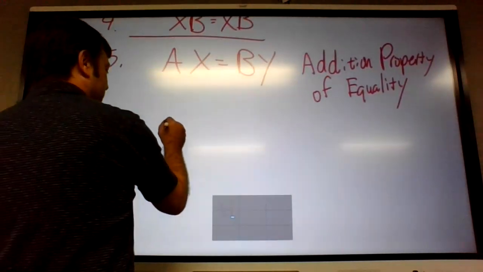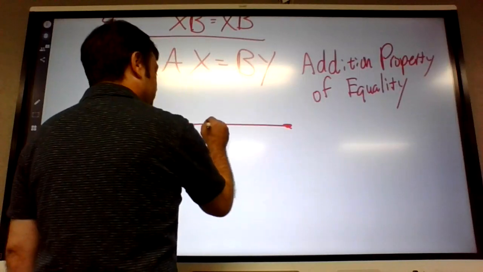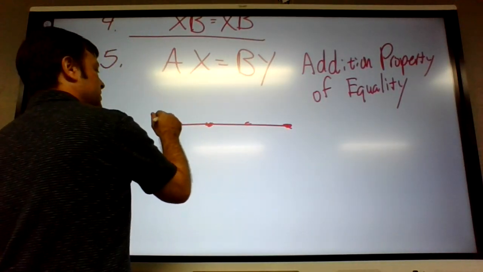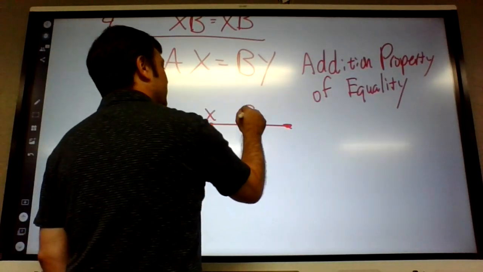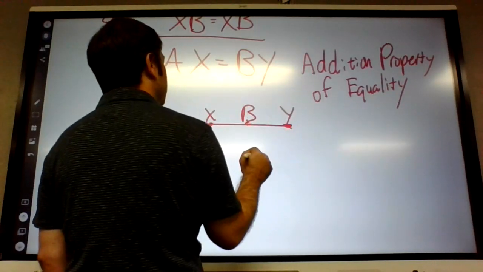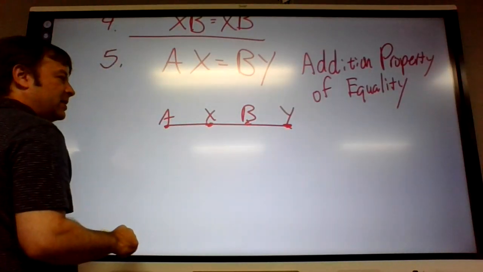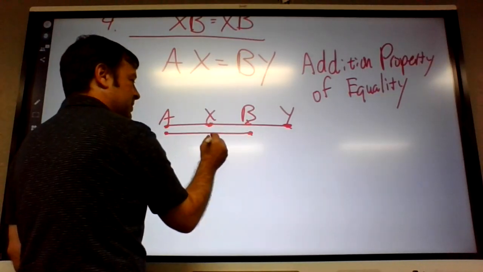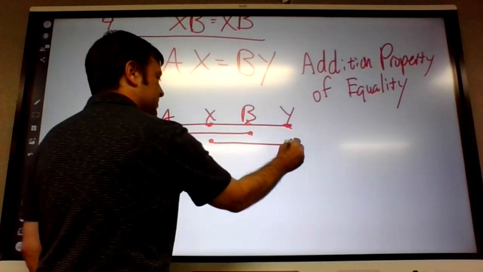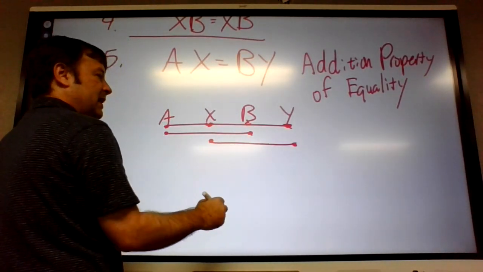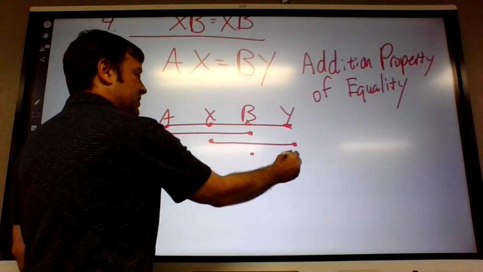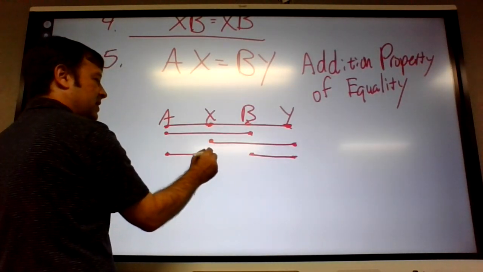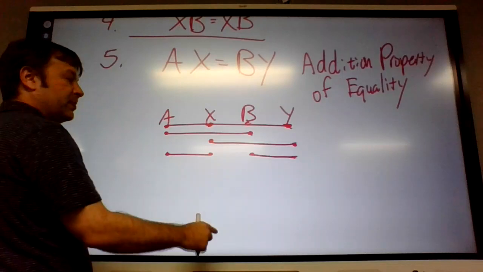Okay. I don't know if that made sense to you, but let me try to explain it really briefly. Let's see, this is AXBY, right? Okay. So at the beginning, they said this segment is equal to this segment, right? And then they said, therefore, this segment, BY, equals this segment, AX. Why is that true?